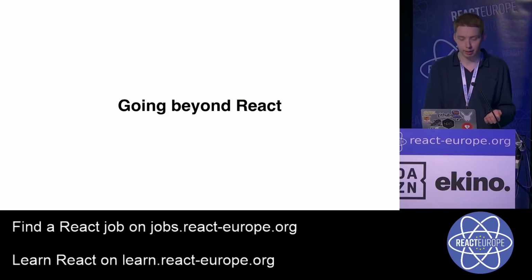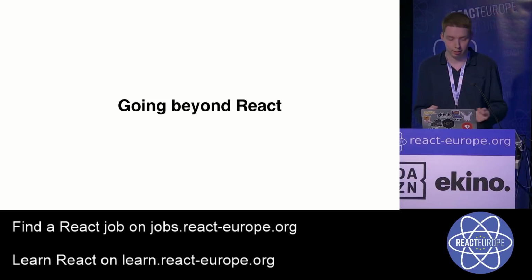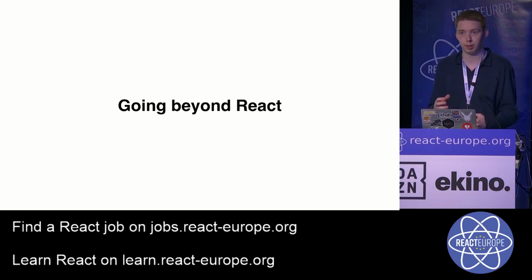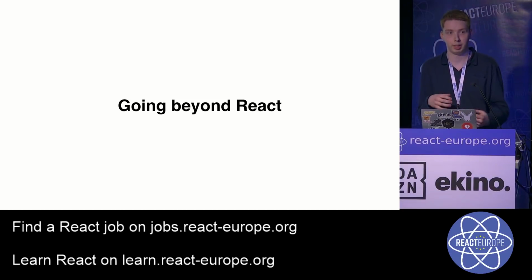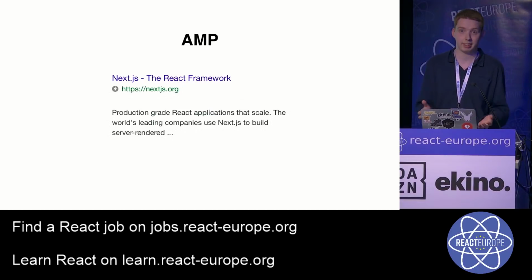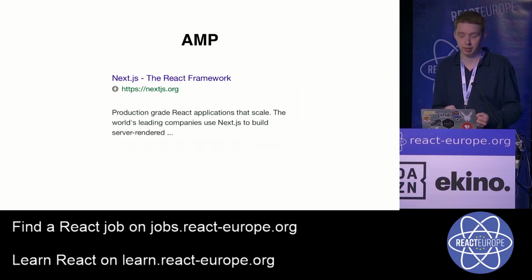But even going beyond React, because React is sometimes not all you want to render to. For example, you can have additional strategies, such as wanting to be indexed in the search results in Google as an AMP page, which is what Next.js also allows you to do. You can use AMP pages to build very fast web applications, and AMP is a standard, if you never heard of it, that was started by Google, but is now an open standard.